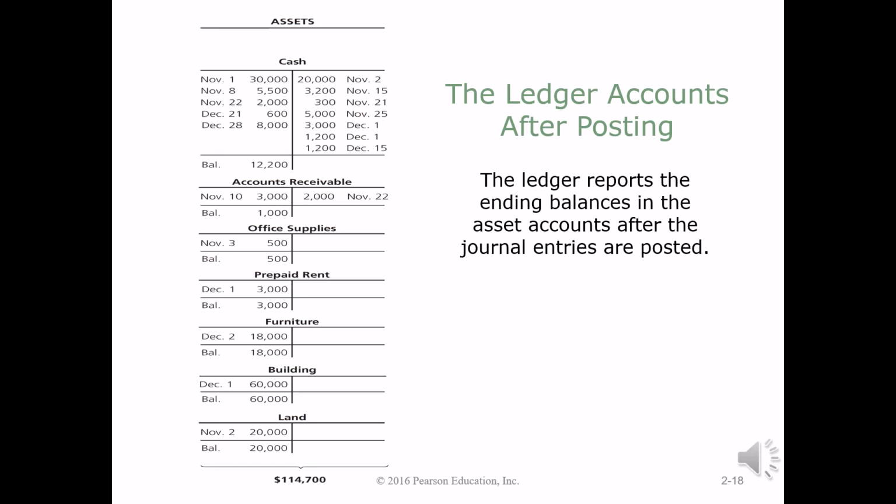November 2's transaction was to purchase land, which credited cash, that reduced cash from $30,000 to $10,000, and it increased our land account, which was 0 before, and now we have a value of $20,000 in our land account. Each one of these transactions has been posted as a debit and a credit to all of our accounts. You're seeing here just the asset accounts.